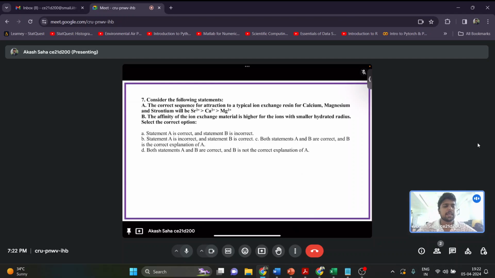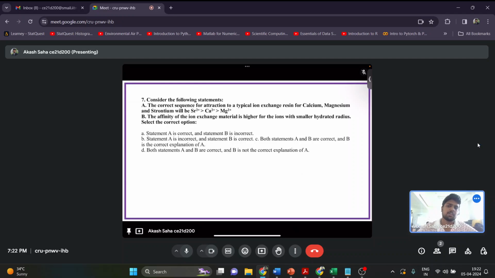So both statements A and B are correct because strontium, though it has the maximum number of electrons, will have the largest unhydrated radius, whereas its hydrated radius will be the smallest. And also, the smaller the hydrated radius, the higher the affinity of the ion exchange material.